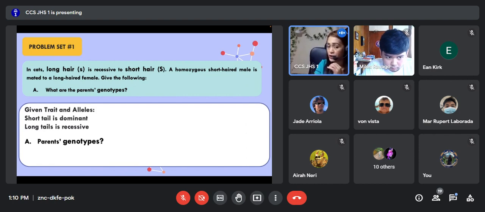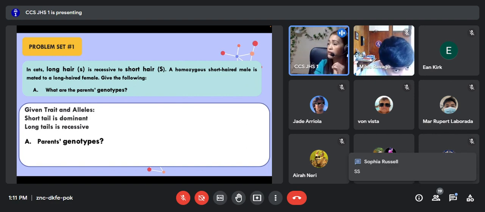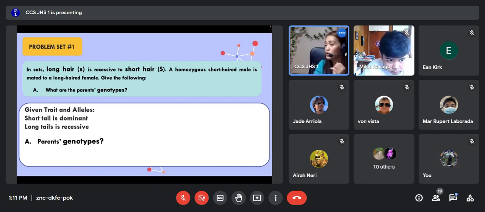So how do we write first the genotype or the code for a short-haired male? Homozygous, so that means same capitalization. Short-haired, so capital S, capital S. Very good. How about for the mother or the female cat? She is long-haired.